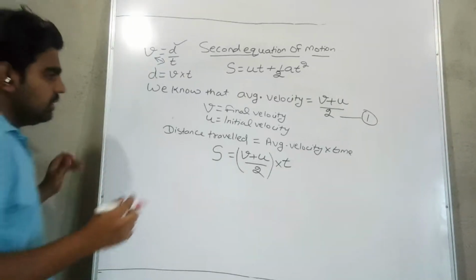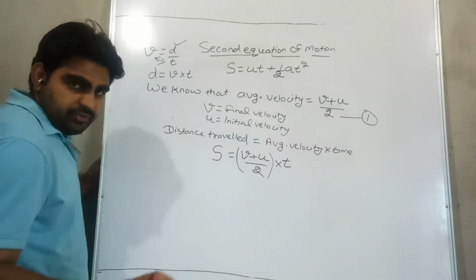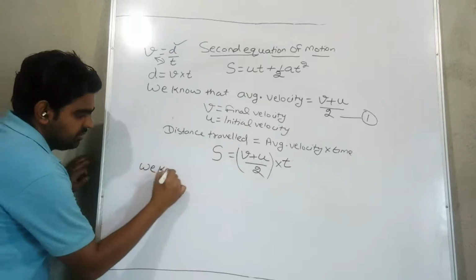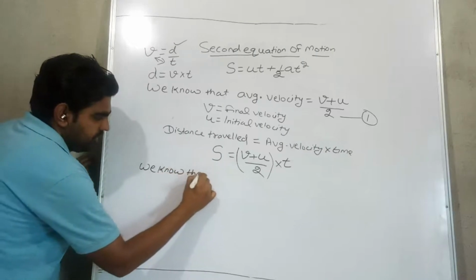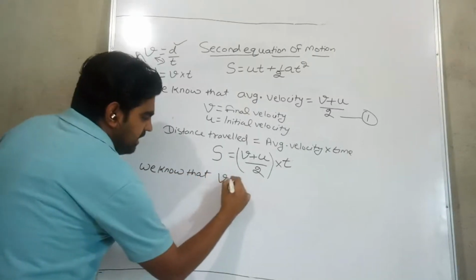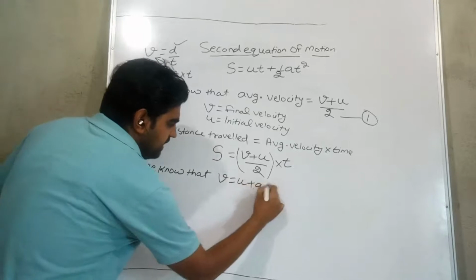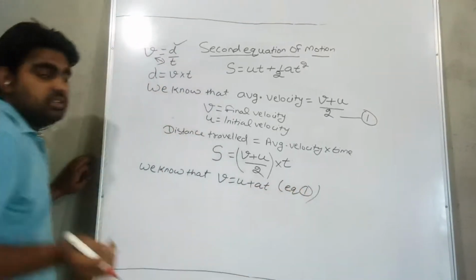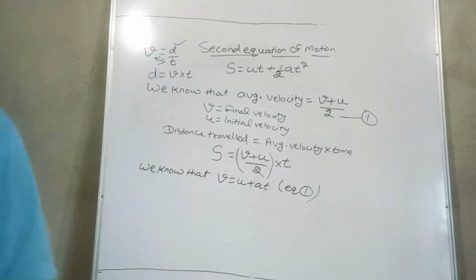Now we know that v equals u plus at from equation 1, the first equation of motion. Clear?